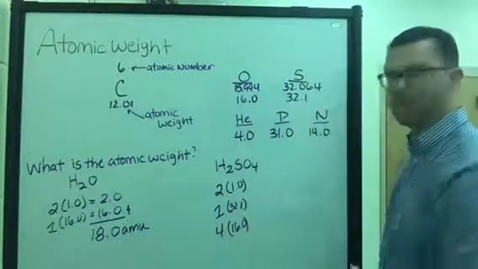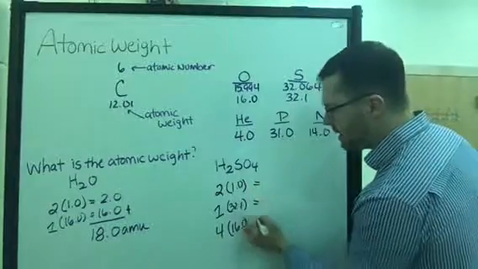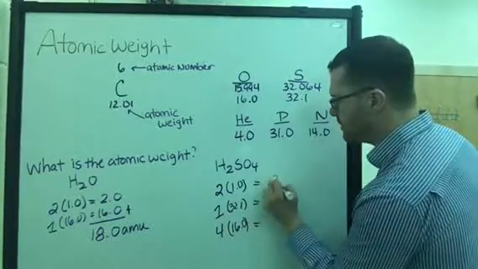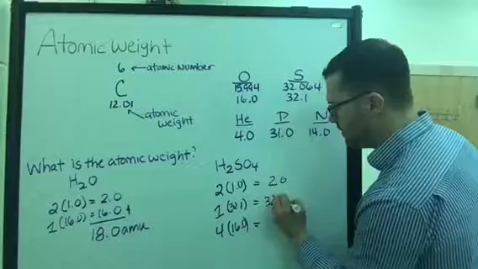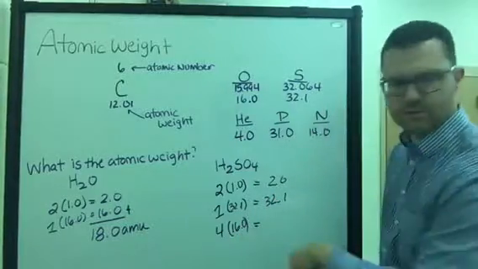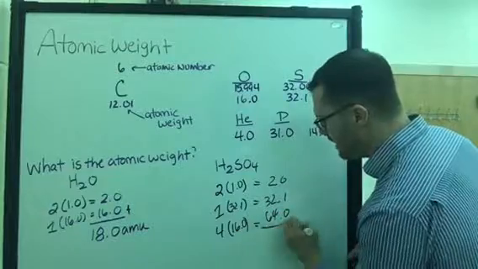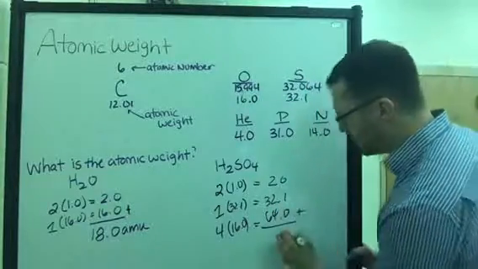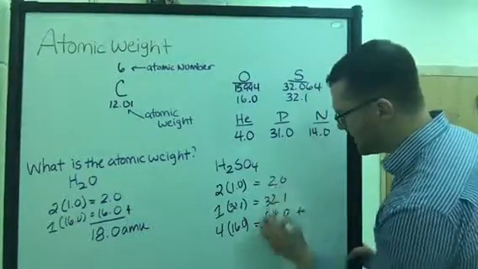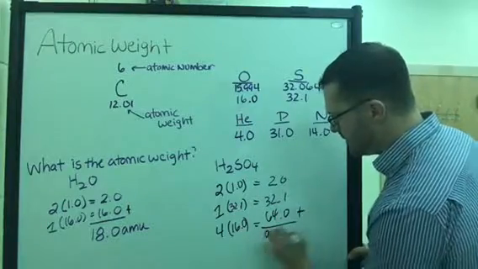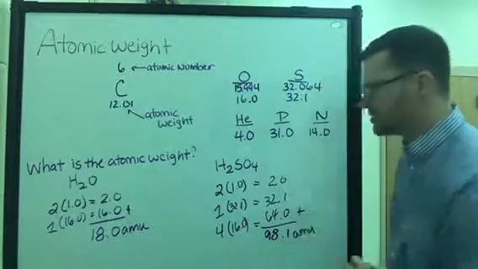Those are their atomic weights. Then we multiply by how many atoms we have. So we have 2.0, 32.1, and 16 times 4 is 64.0. And then we add them all up. So we have 98.1 atomic mass units.